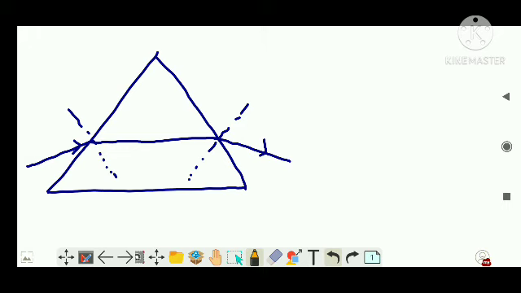Now we'll take another color to draw something else. Let's say I'm extending this incident ray, and similarly extending the emergent ray, and I'm meeting this point as M. Let's say this prism is named ABC, right? Now I can extend these two angles also. Usually this section will be inside the prism itself.